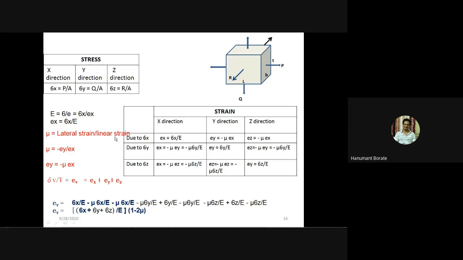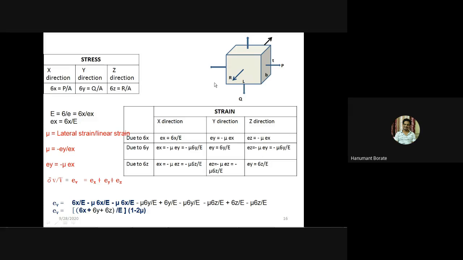And lateral strain means when we measure the deformation in a perpendicular direction, meaning we are applying the force in the X direction and measuring the change in the thickness. That is known as lateral strain. And linear strain means we are applying the force in the X direction and measuring the change in length in the X direction only.